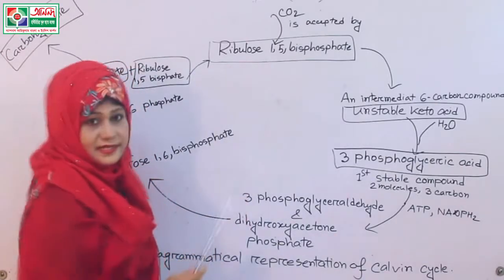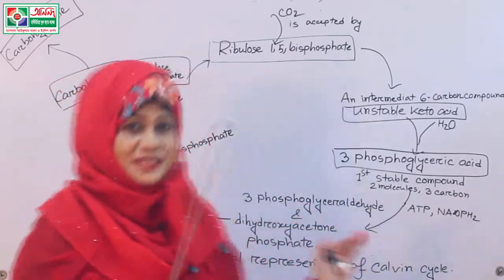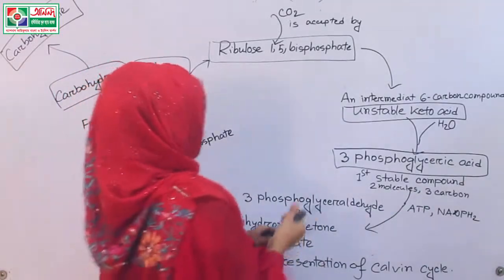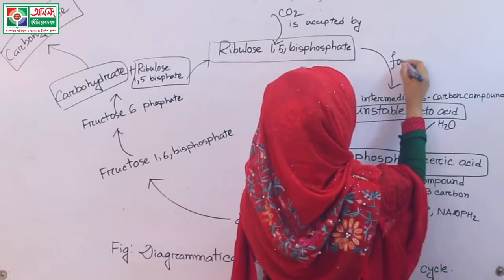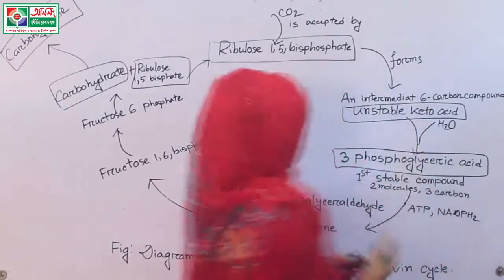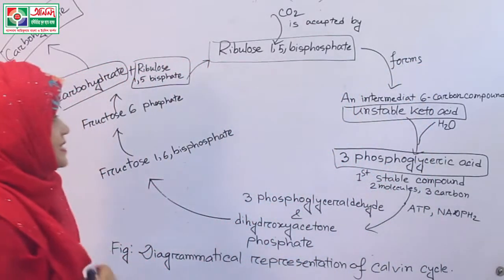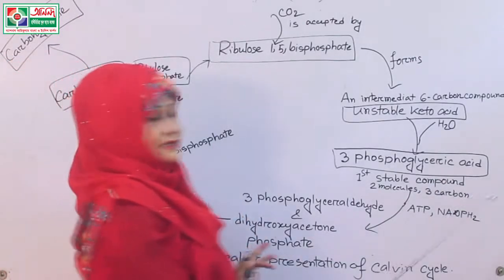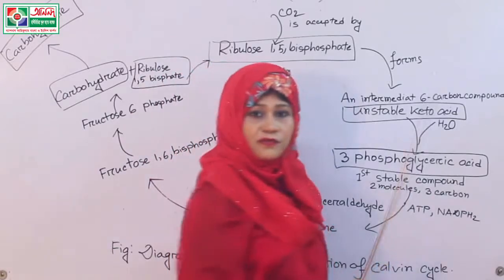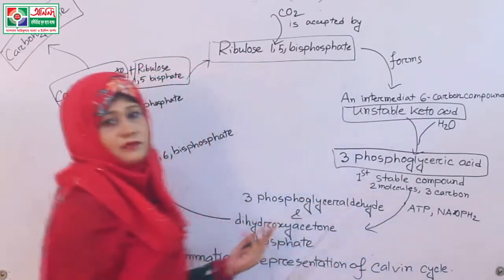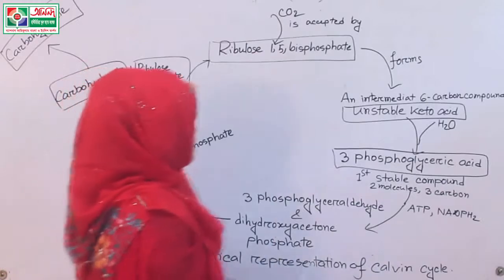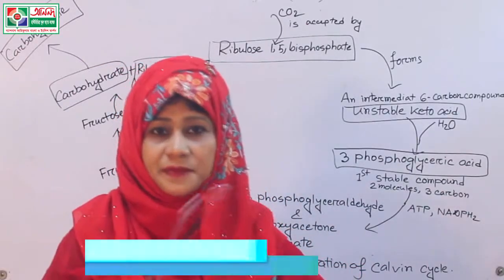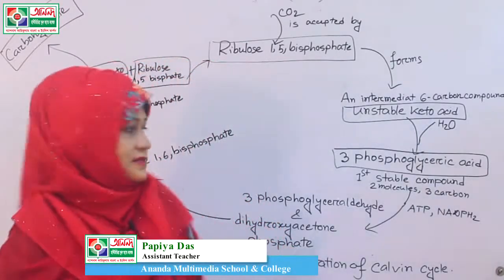Carbon dioxide is accepted by ribulose 1,5-bisphosphate and it forms an intermediate 6-carbon compound which is very unstable, and instantly it reacts with water and breaks down and produces 3-phosphoglyceric acid. 3-carbon compound, 2 molecules.